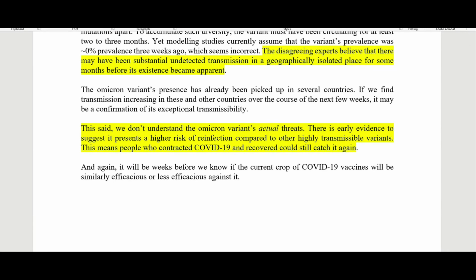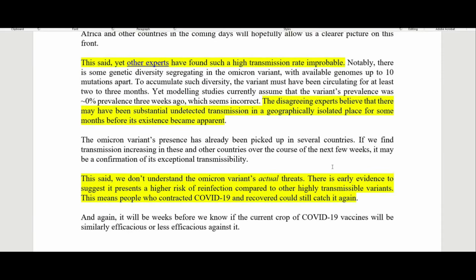So this said, we don't understand the Omicron variant's actual threats. There is early evidence to suggest it presents a higher risk of reinfection compared to other highly transmissible variants. This means people who contracted COVID-19 and recovered could still catch it again.